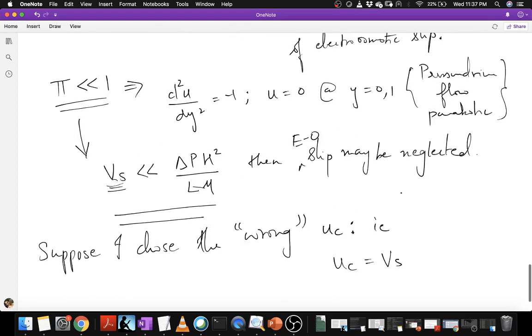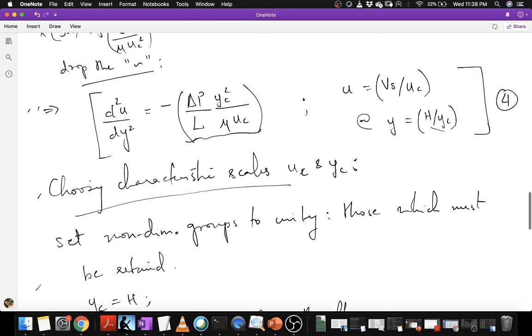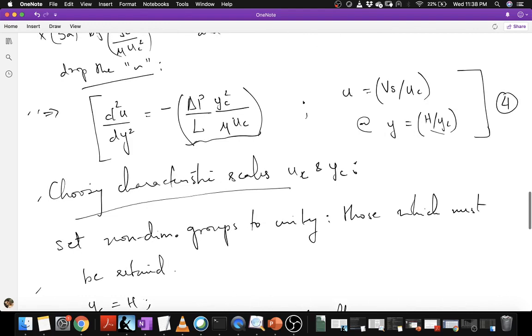Okay, then what happens to the equations? You see, then I have to substitute, pardon the pun, U characteristic equal to Vs in this term, whereas U would just be 1 at the bottom.